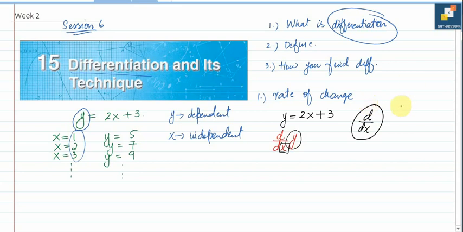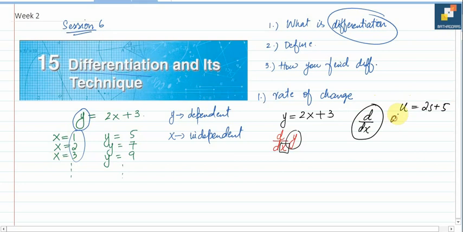Now let's suppose you have u equals 2s plus 5, so it will be du by ds, because u depends on s. It can be any equation, that is an example, du upon ds. Or let's suppose you have t equals 2v plus 5. What do you think it will be?